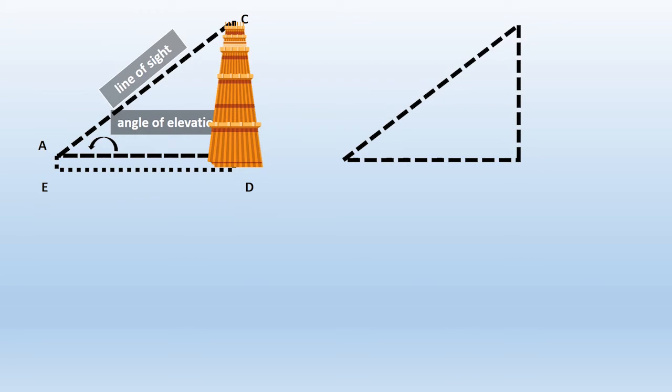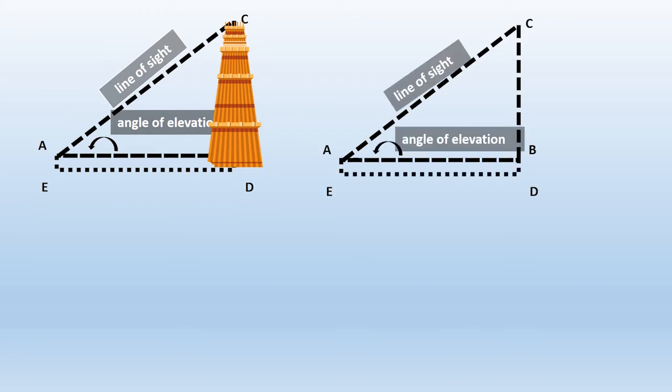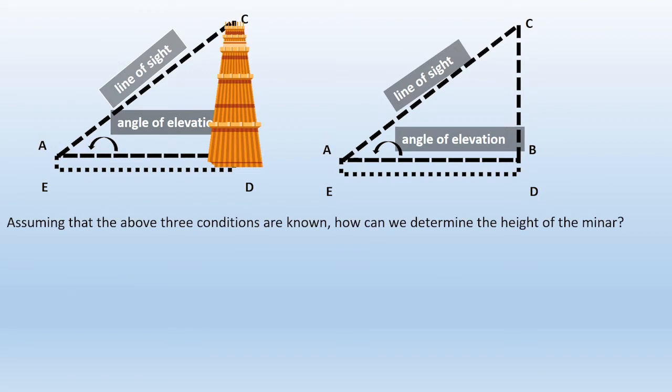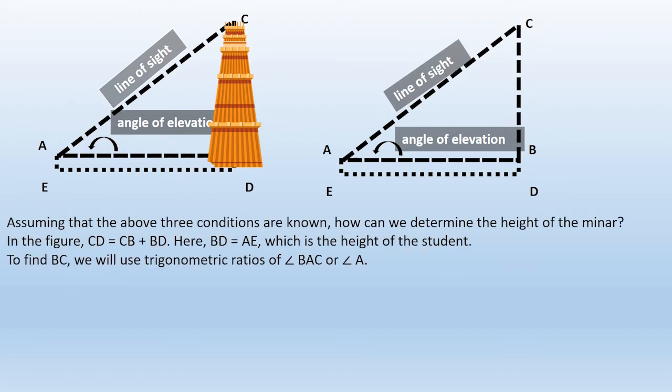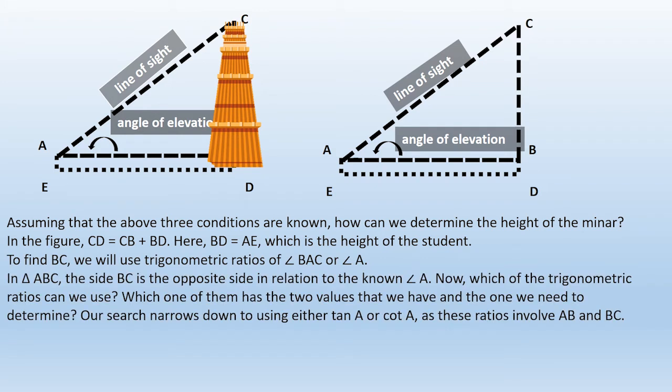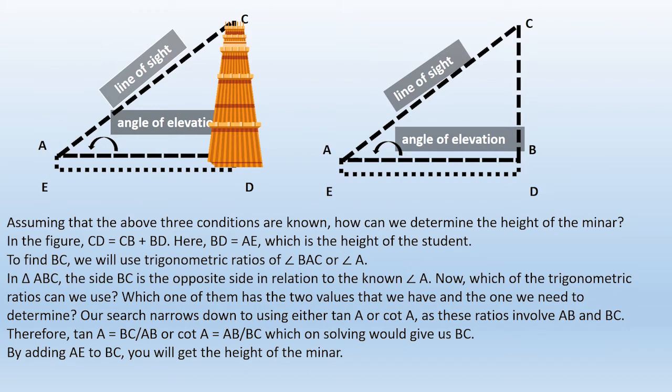In the figure, CD is equal to CB plus BD. Here, BD is equal to AE, which is the height of the student. To find BC, we will use trigonometric ratios of angle BAC or angle A. In triangle ABC, the side BC is opposite to the known angle A. Which of the trigonometric ratios are we going to use now?